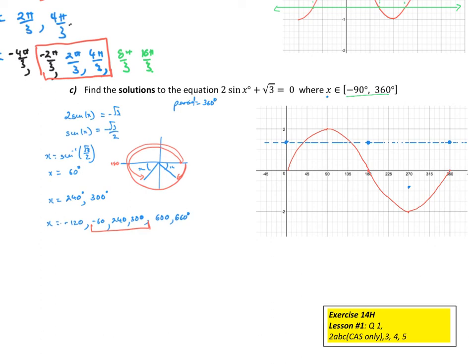So now I can go, okay, well, that point's up there. It's going to come down to there, go roughly down through there. And we're going to continue on in the negative direction.